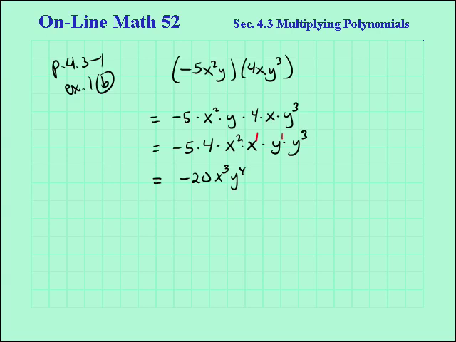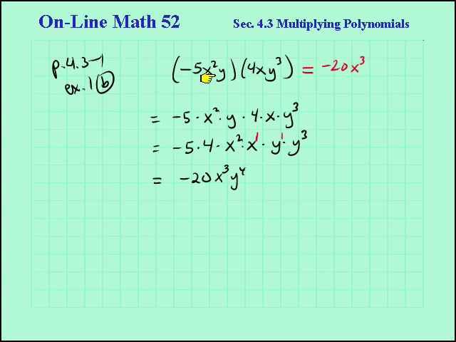And this could have been done in just one step. If you think about it, we're not doing any kind of distribution, everything, like I said, is multiplied. So it's negative 5 times 4, negative 20. And then x squared times x is x cubed.